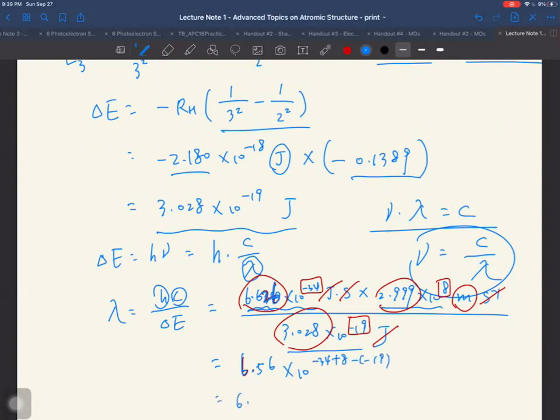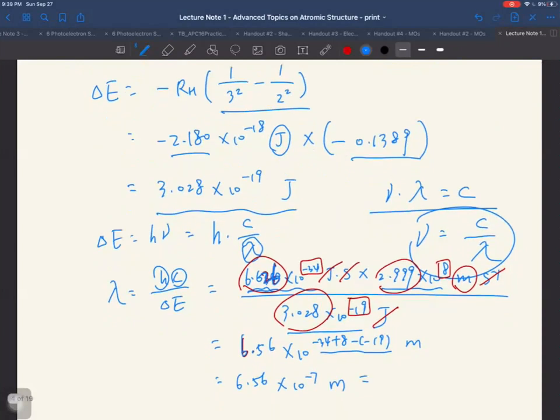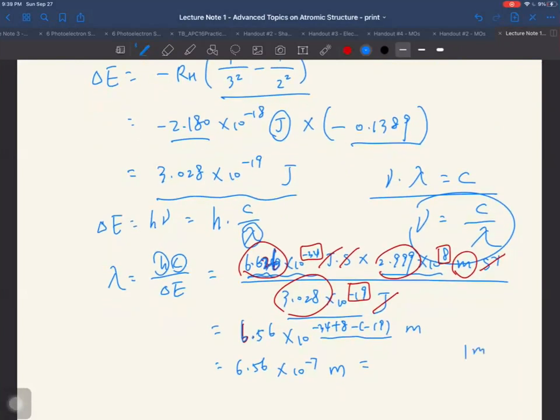So we got 6 meter, 6 times 10. Am I right? You guys definitely are faster than me. I didn't learn math for too many years. So we know 1 meter is 10 to the power of 9 nanometer. So we'll see, this is 656 nanometer.